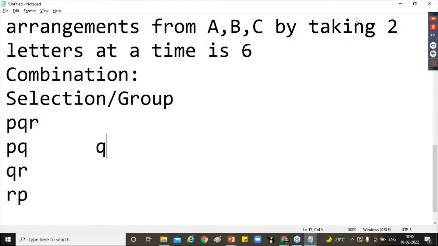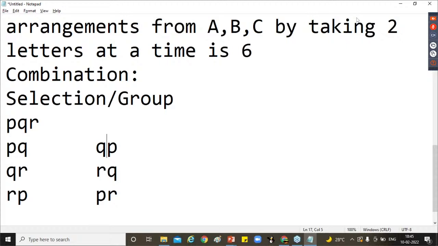And if you have to select QP, RQ, PR, remember, QP and PQ are the same group. For example, if I want to select Sivareddy and Vinay, or Vinay and Sivareddy, both are the same group.